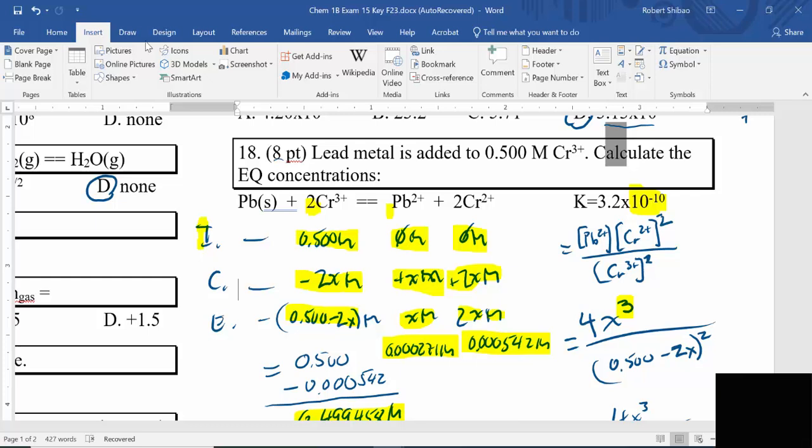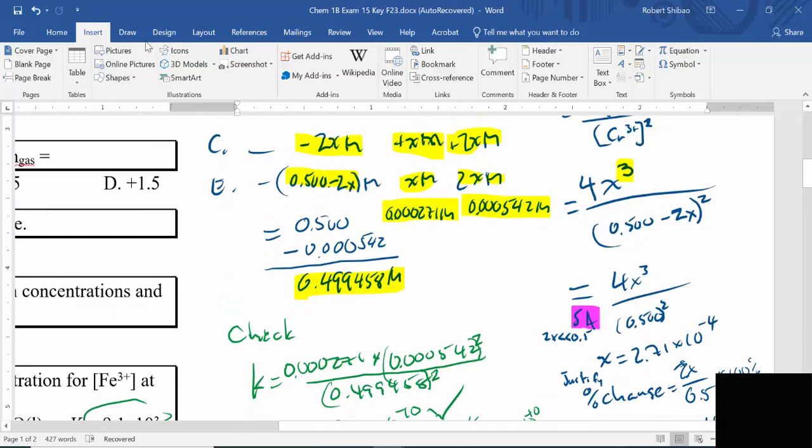And then the chromium-3 concentration is going to be 0.500 minus 2x. And lead, again, lead does not participate. So that's 0.500 minus 2x quantity squared. So we can get this into cubic form. And if you have a calculator, you don't have to make any assumptions.